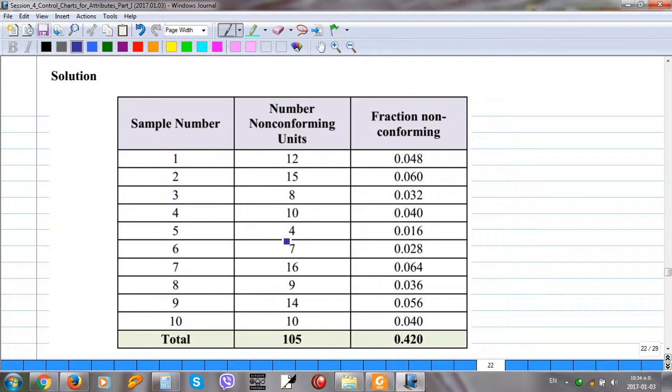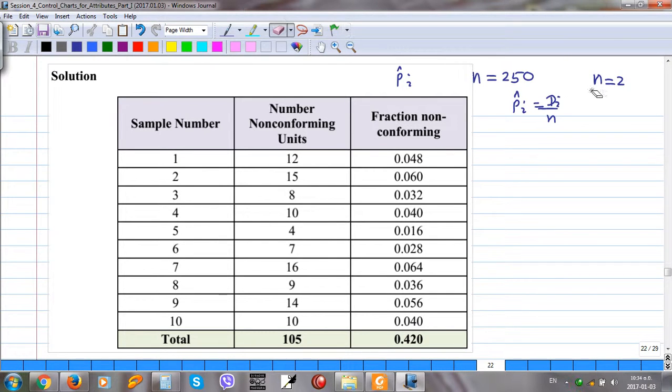This is the solution. For each sample number, again you can find the fraction. Now n equals 250. The same equation you have to use. This is p hat i, so p hat i equals di over n, with n equals 250.